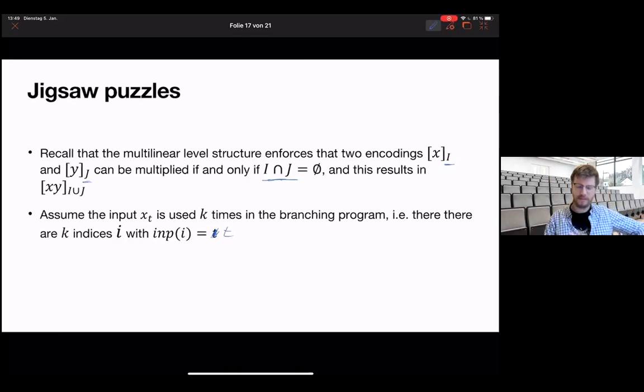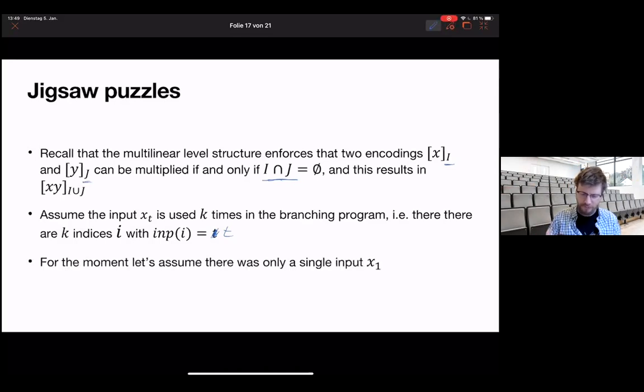We've seen the idea of oblivious branching programs, which, given any branching program, results in a branching program with this property that every input is used the same number of times. So this is not a severe requirement.